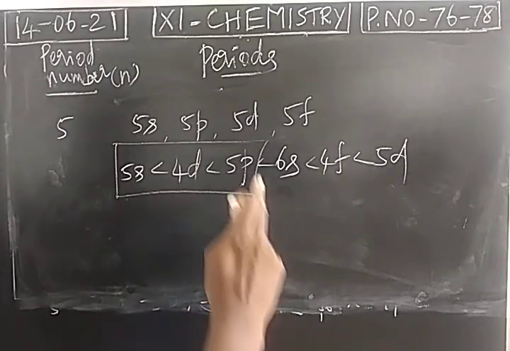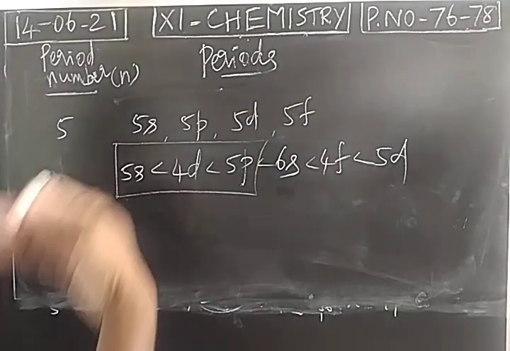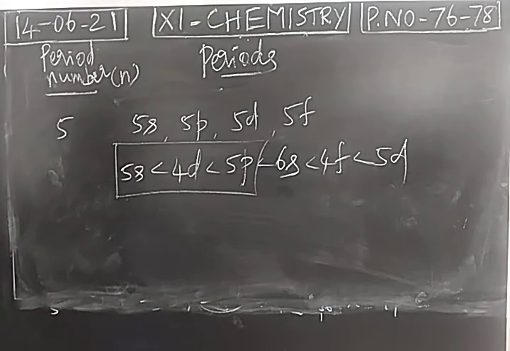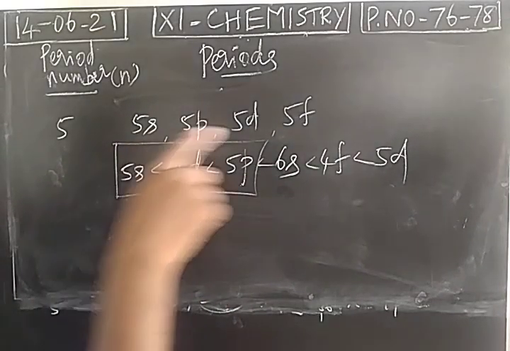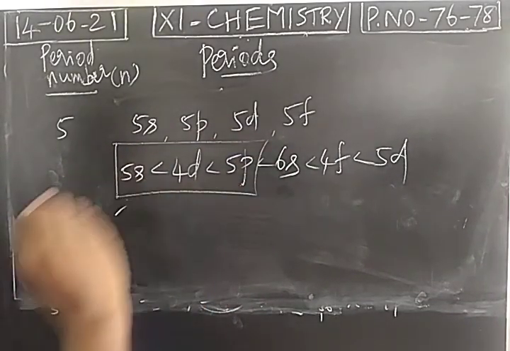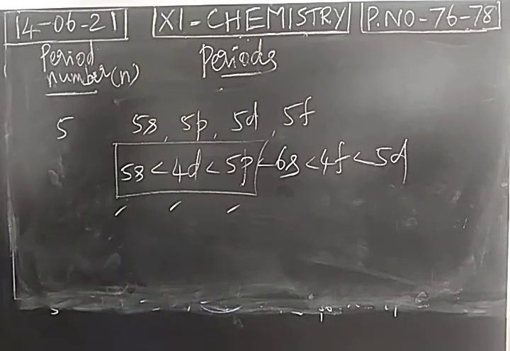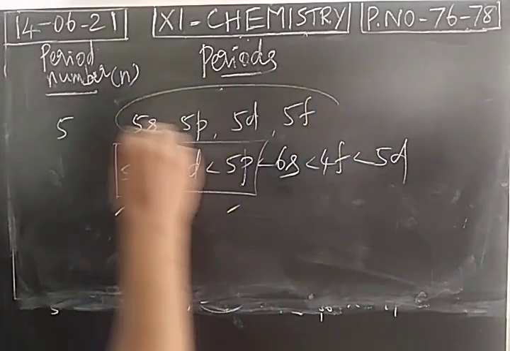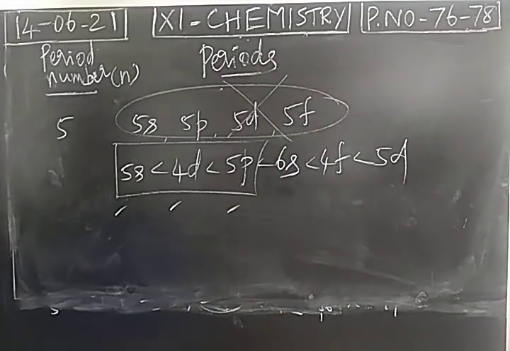So we should not consider 6s. It is the next principal quantum number and the next period number. So we take these three orbitals alone. So what are the available orbitals? 5s, 4d and 5p. Okay, don't consider these orbitals. According to Aufbau principle, we have to follow the correct order of energy of orbitals.